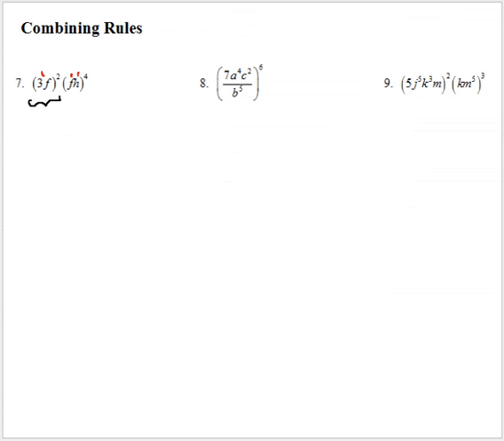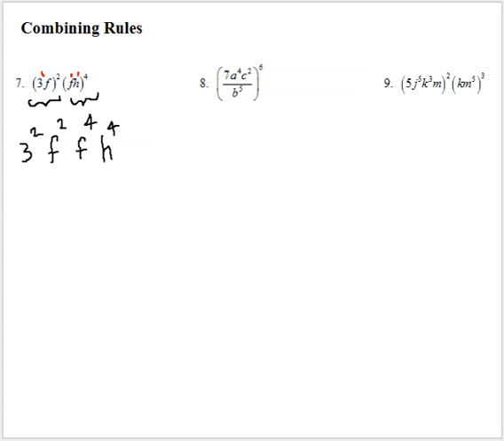So that would be 3 to the power of what? 3 to the power of 2, right? And then f to the power of 2 also. Very good. The second parentheses, we have f to the power of 4, h to the power of 4.